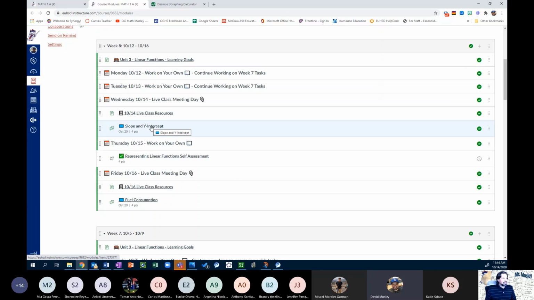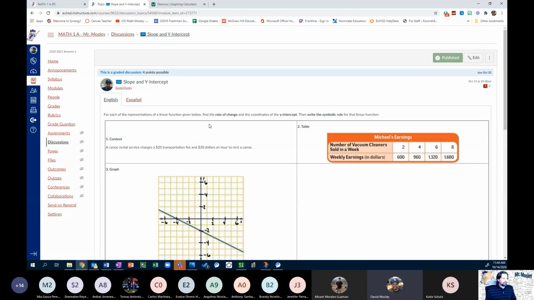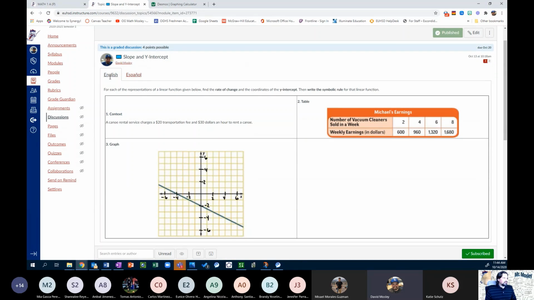We have one discussion board for today. And you can have it in English or Spanish. Unfortunately, this is a picture for the table, so I couldn't. So in this, we are given 3 representations for a line.